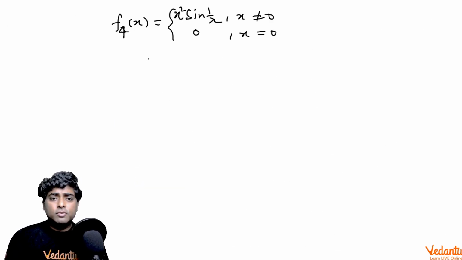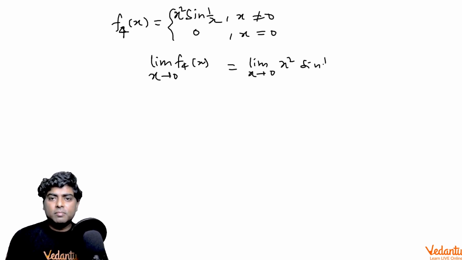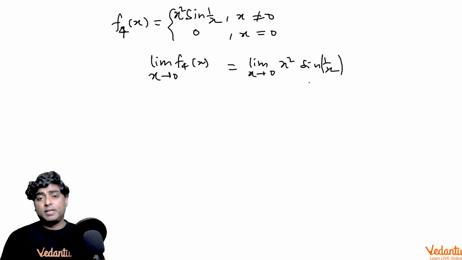See, if you find the limit of f4 x, x tending to 0, so it is the limit of x squared sine 1 by x. Sine 1 by x however oscillates between minus 1 and 1 when x is near 0.